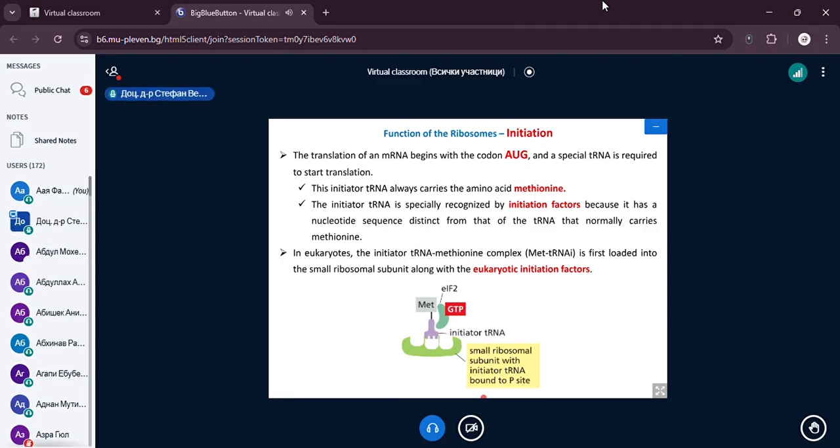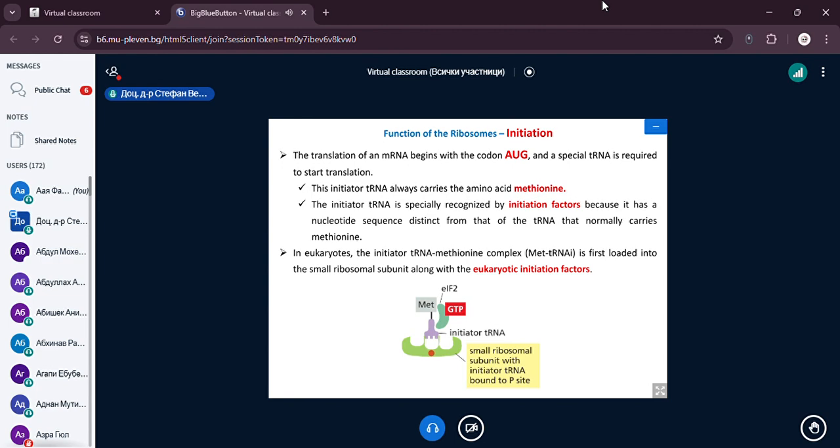What about protein translation? The protein translation begins when messenger RNA comes from the nucleus into the cytoplasm. And in the cytoplasm, we have many small and large ribosomal subunits, of course, detached from each other.